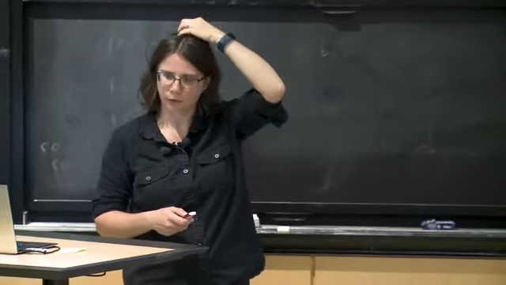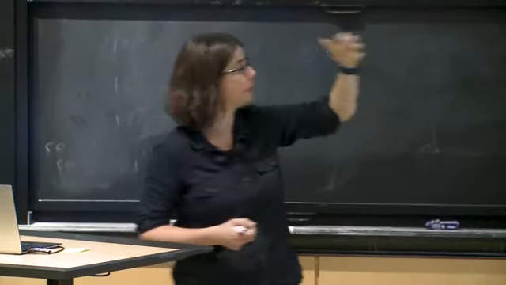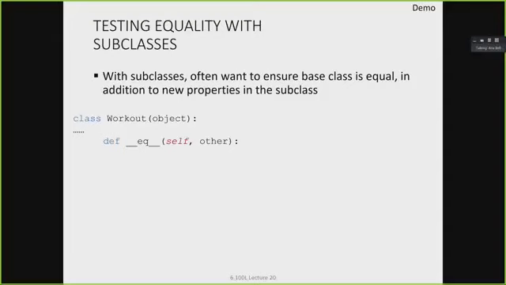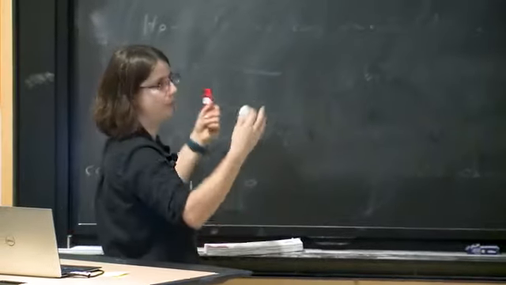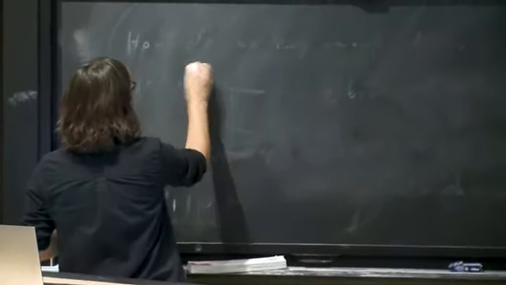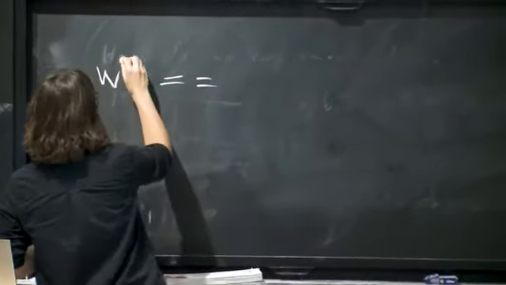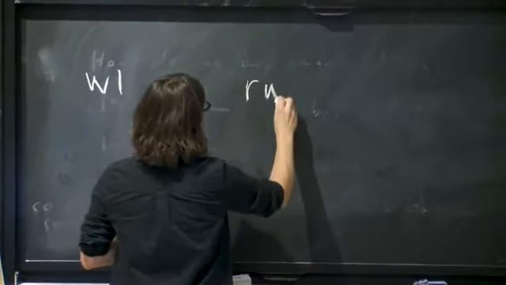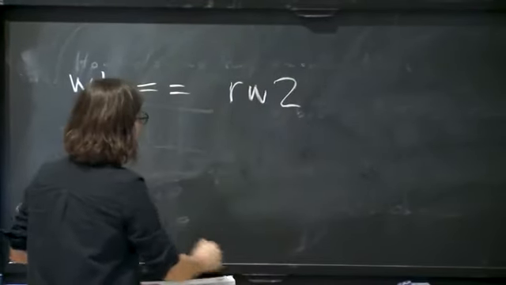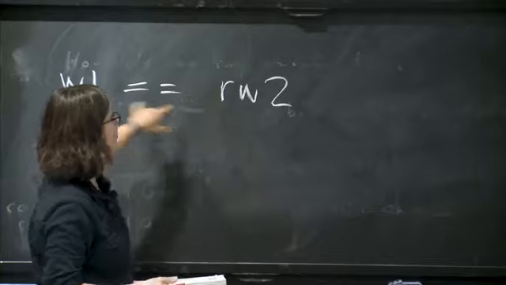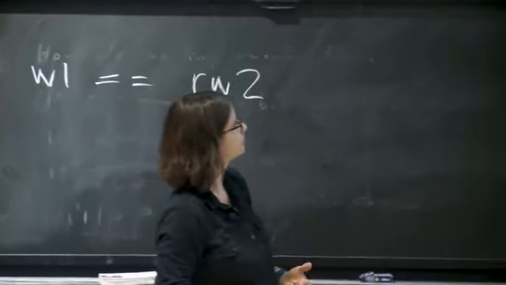To do that, we're going to implement the dunder method __eq__. This will allow us to compare two running workout objects, or two workout objects, or running and workout objects using the double equal sign, right? So w1 == w2 or whatever, right? So we can use the double equal sign to compare objects of our type.